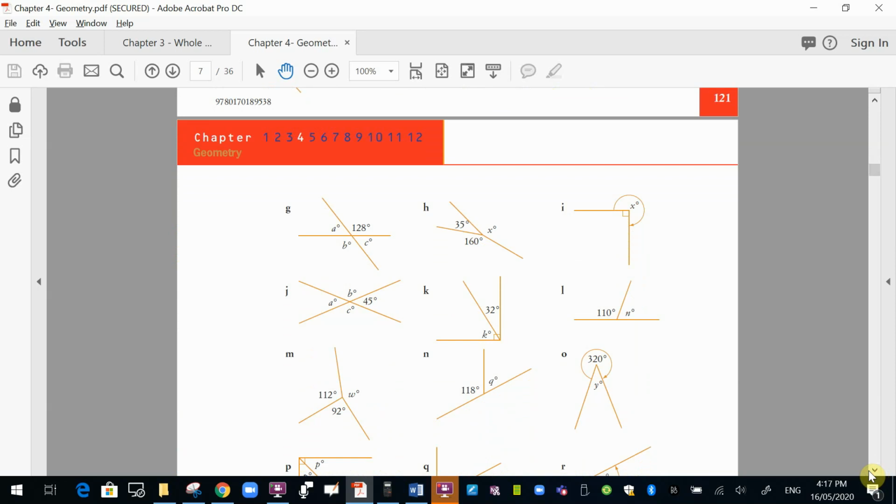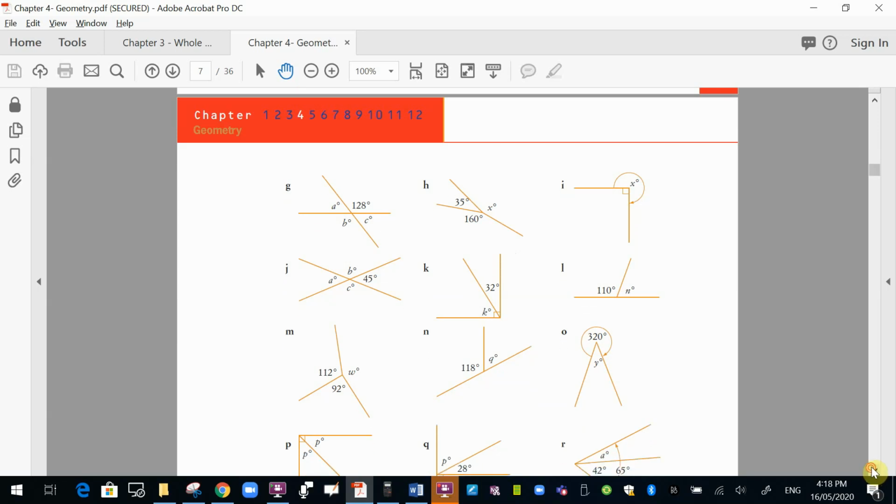Just remember, you can tell the difference between angles at a point and vertically opposite, because vertically opposite is just two straight lines intersecting, whereas angles at a point, you've got four or more lines coming together. So a slight difference.